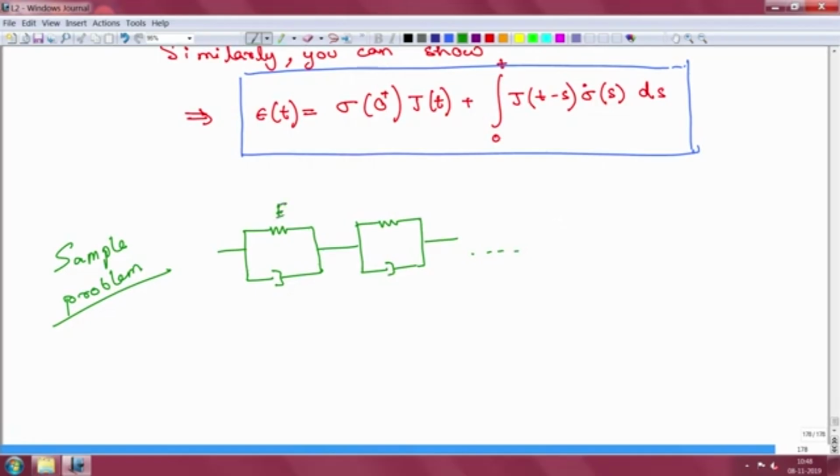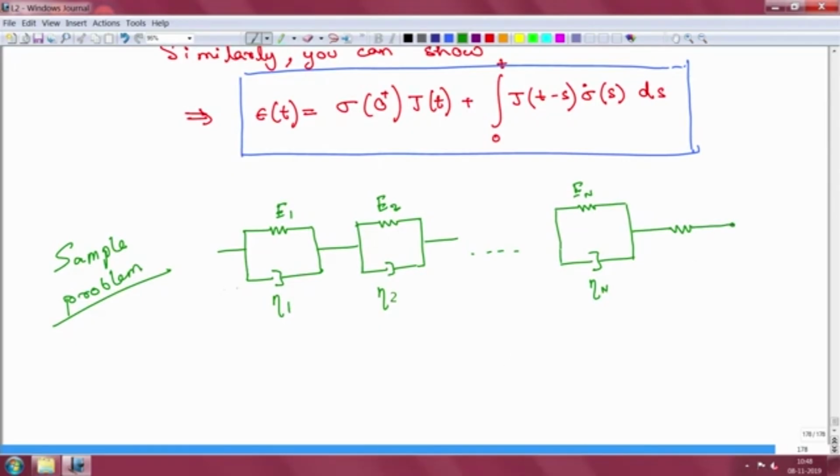So, this is eta 1, E 1, so this is E n, this is eta n, and let us say there is a last spring there.